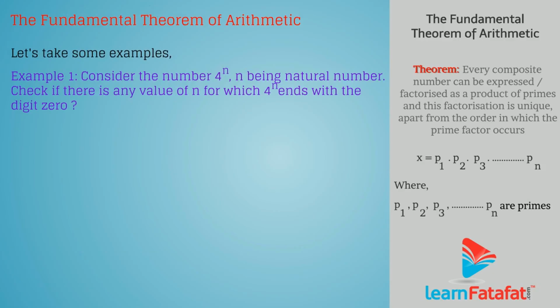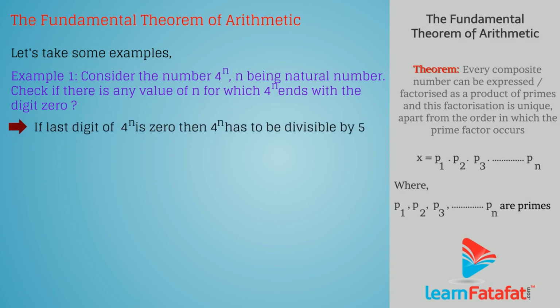Let's take some examples. First, we have to calculate the value of n, where 4 raised to power n ends with digit 0. If the last digit of 4 raised to n is 0, then 4 raised to n has to be divisible by 5, and the factors of 4 raised to power n would contain the prime 5. 4 raised to power n can be written as 2 raised to power 2n.